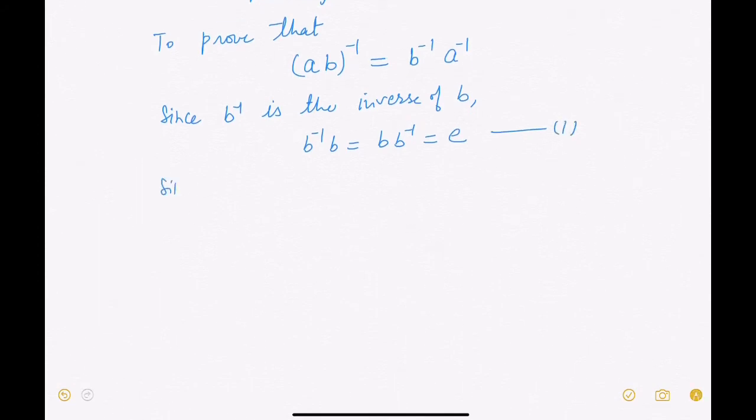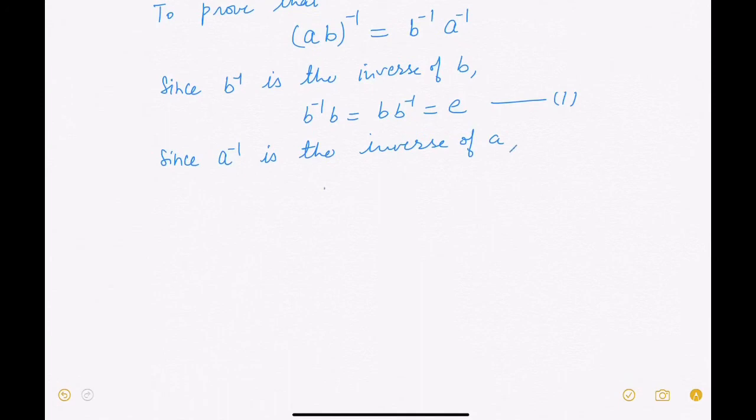This is 1. And since A inverse is the inverse of A, A inverse operated on A gives E. This is 2.